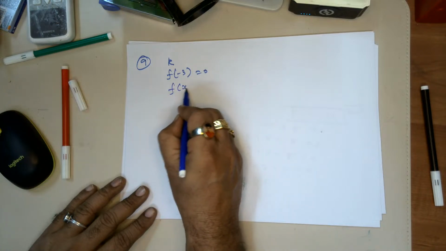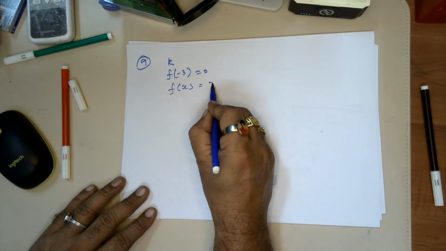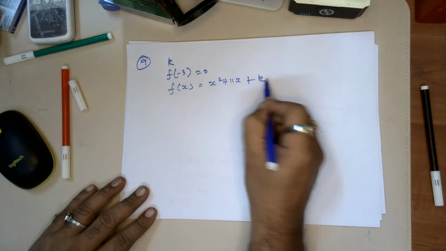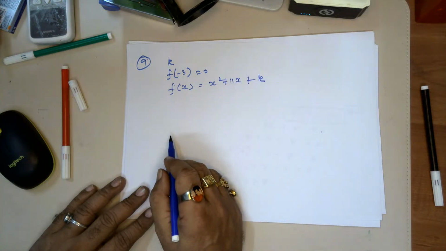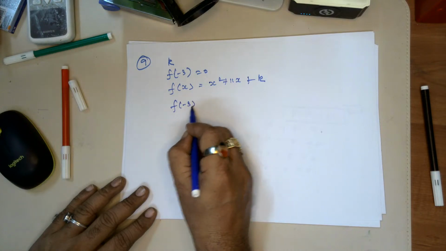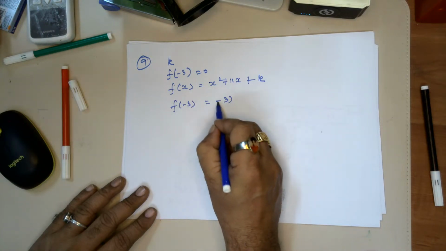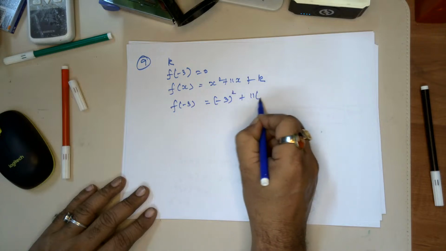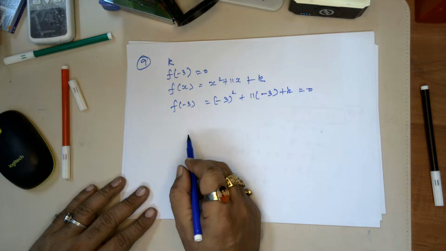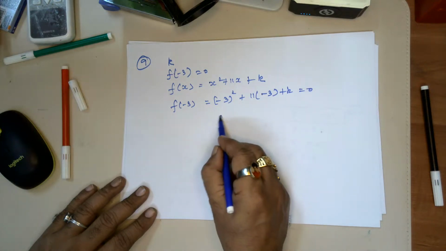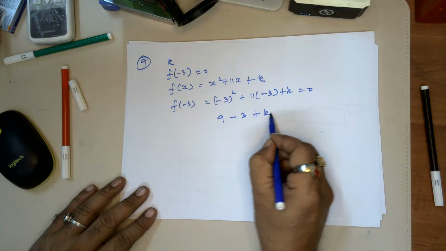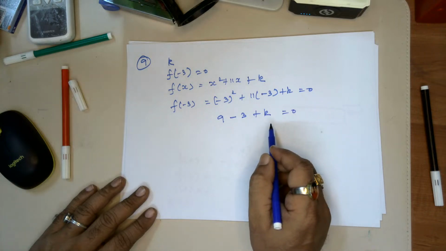The given polynomial is f of x is equal to x squared plus 11x plus k. So let us put f of minus 3 is equal to minus 3 the whole squared plus 11 into minus 3 plus k is equal to 0. Therefore, 9 minus 3 plus k is equal to 0.